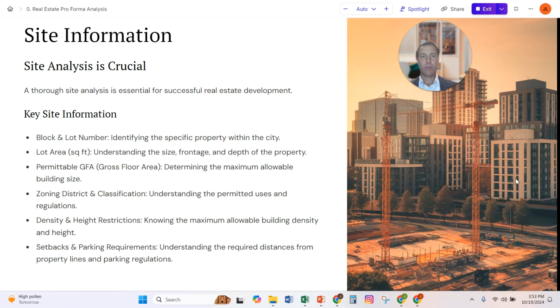Are there inclusionary housing requirements? Are there open spaces that are required in this zoning? Those factors will obviously affect your building square footage and what you can do with the space. You have to take all those into consideration when determining what your total square footage will be.